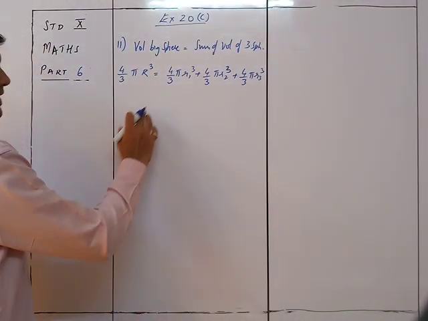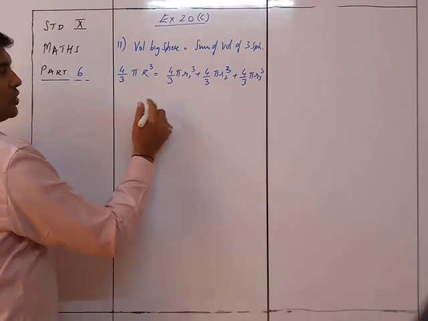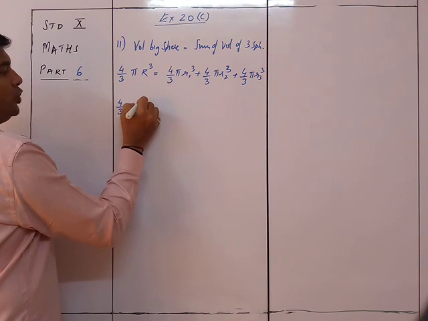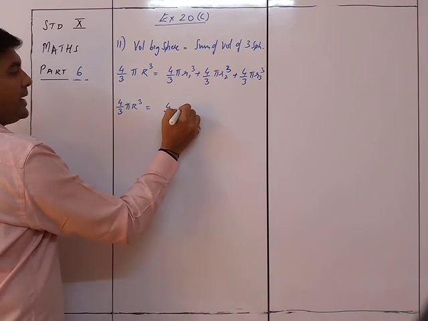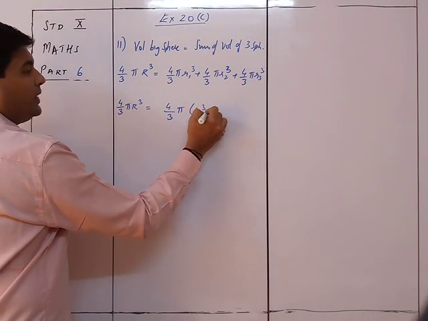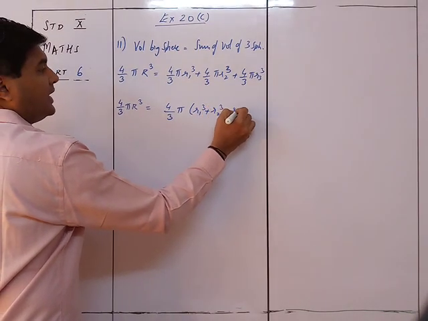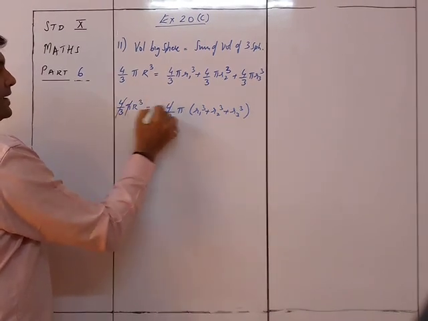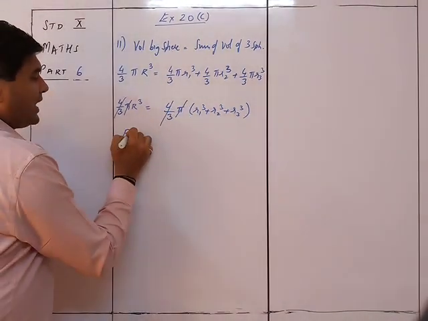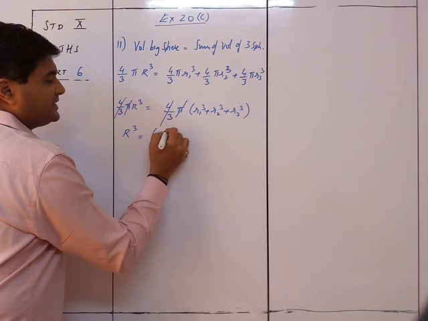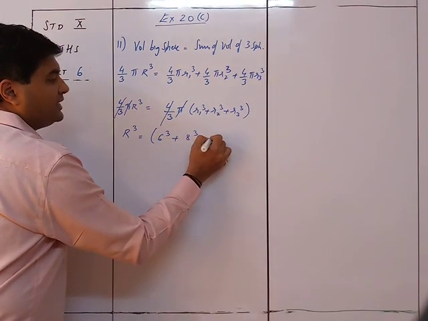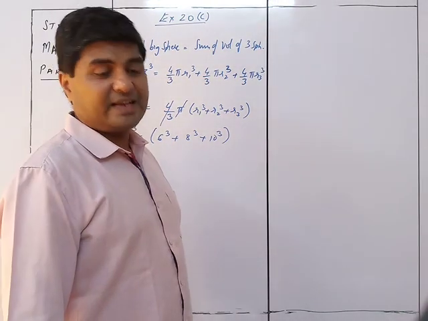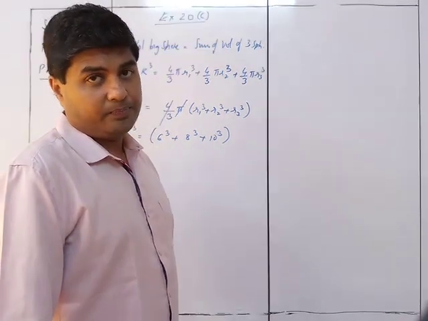So let's replace the value, or before that let us take out the common factor. So we get over here 4 upon 3 pi R cube is equal to 4 upon 3 pi into R1 cube plus R2 cube plus R3 cube. So 4 upon 3 pi gets cancelled. We get here R cube is equal to 6 cube plus 8 cube plus 10 cube, because the values of R1, R2 and R3 are given as 6, 8 and 10.